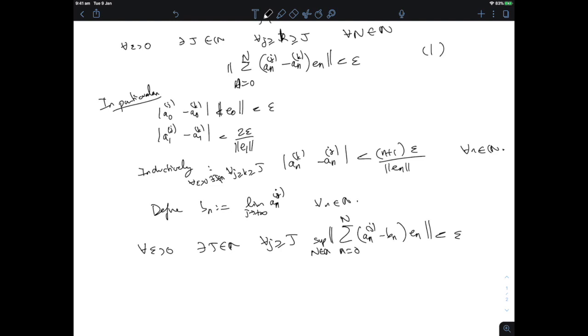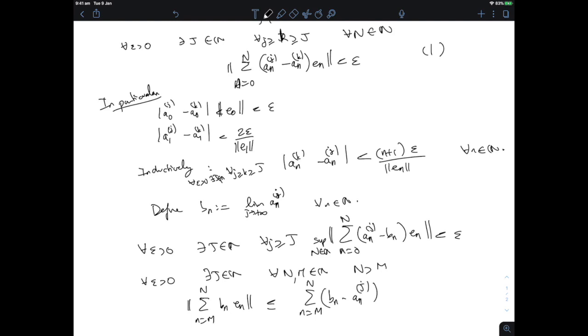Now, having that, I get that for every epsilon, there exists a capital J, such that for every n and m in N, and let's say n being greater than m, I have that the sum from n equal capital M to capital N of Bn En is smaller than the sum from n equal capital M to n of (Bn minus An capital J) times En plus, by triangle inequality, the sum from m to n of Anj En.